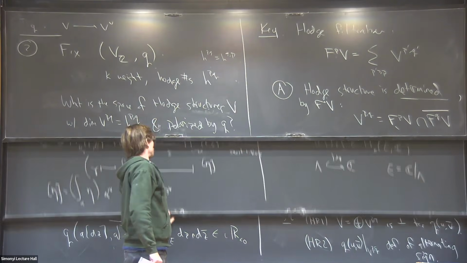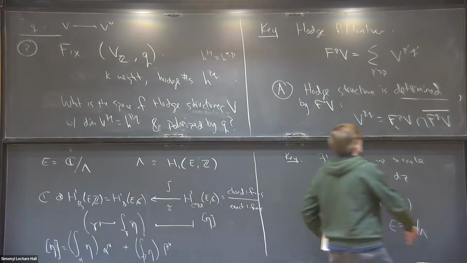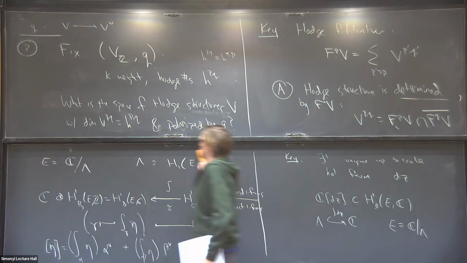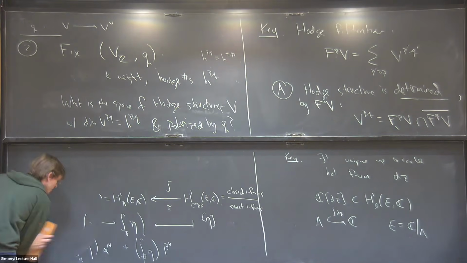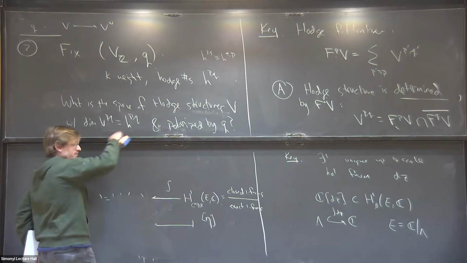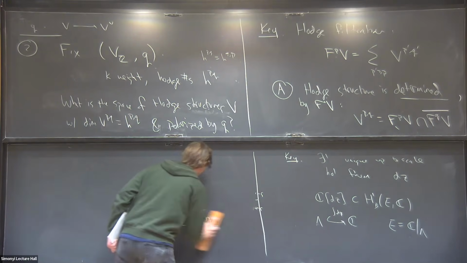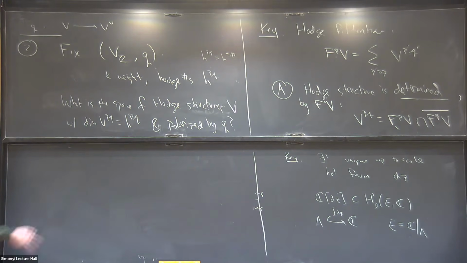Important observation number 2 is that in the reverse direction, there's a simple condition for when a Hodge filtration comes from a Hodge structure.